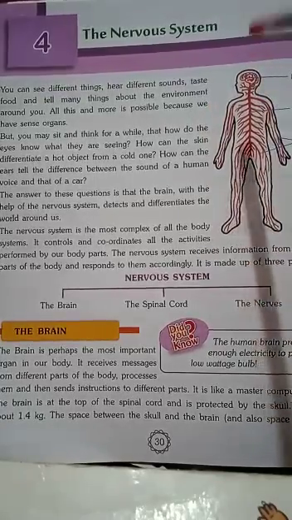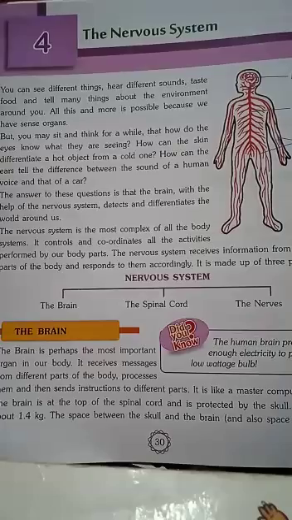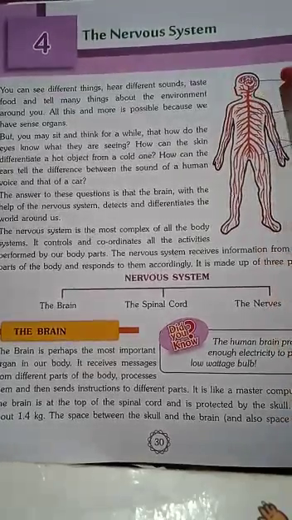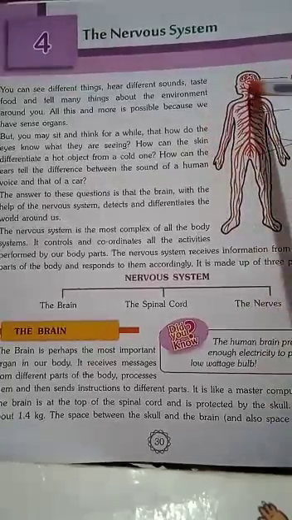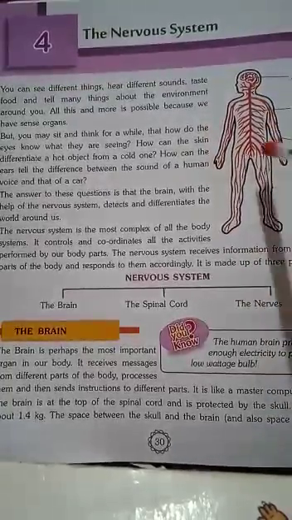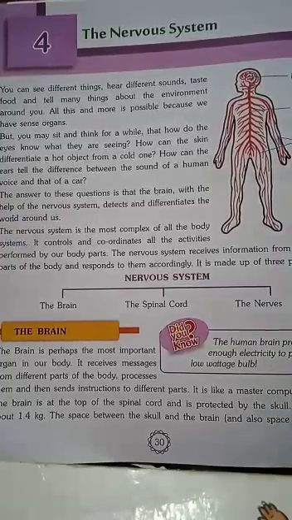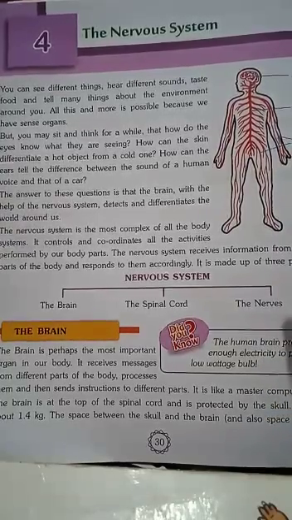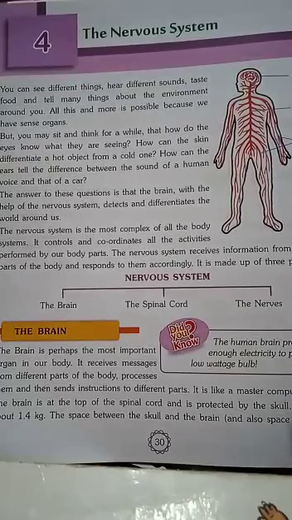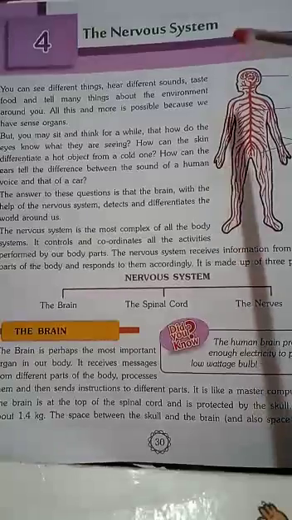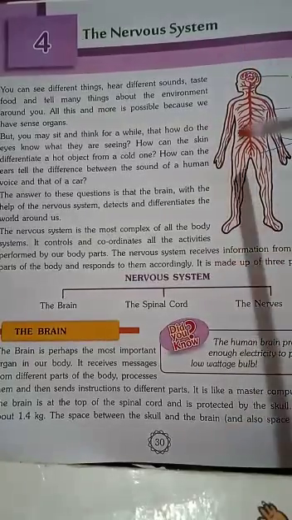Everything is controlled by the brain like a master computer. It is like the CPU of our body. Just as a computer has a CPU, the CPU of our human body is the brain. The brain is the most important part of our body.